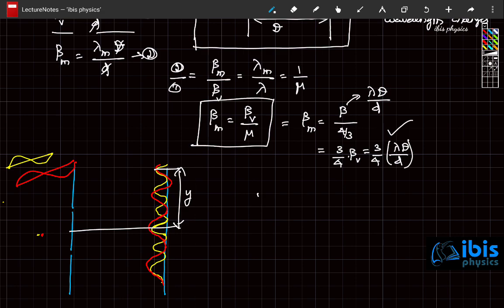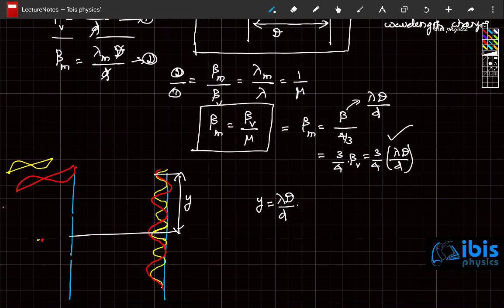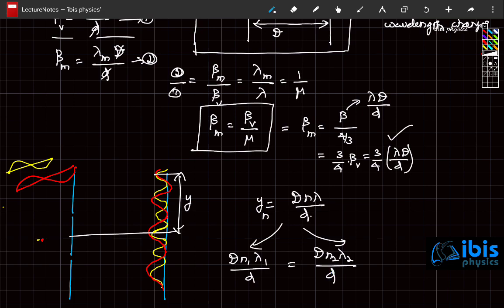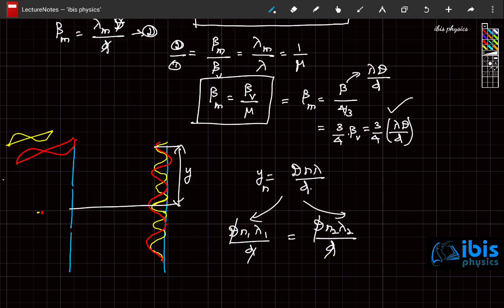So you can use this formula: y is the position of the nth bright fringe, equal to nλD by d. For the first wavelength and the second wavelength, n1 λ1 D by d is exactly equal to n2 λ2 D by d. When these cancel, n1 λ1 is equal to n2 λ2.